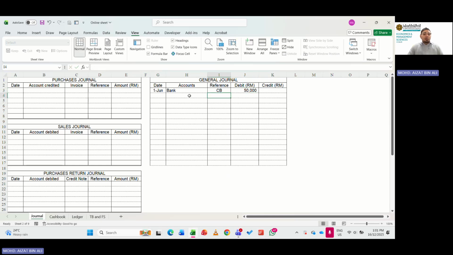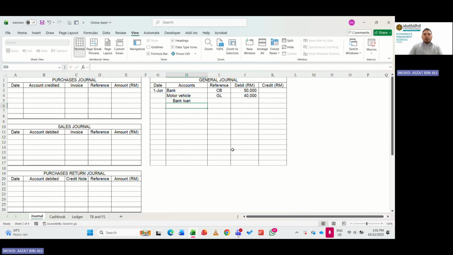Next, after that, we have motor vehicle. Later on, we can find the motor vehicle account in the general ledger, so we write down GL. The amount is 40,000 ringgit. Next, we have loan from Maybank, so what we're going to write here is bank loan.